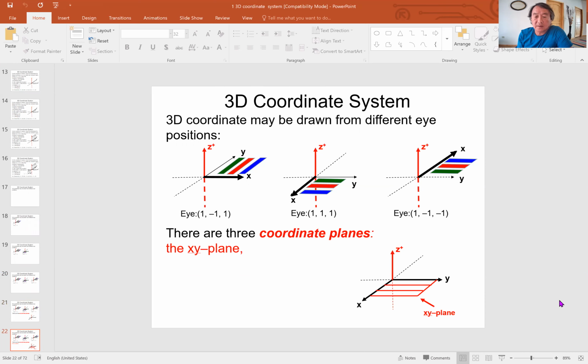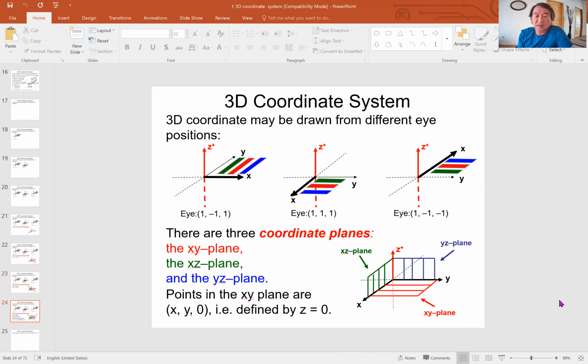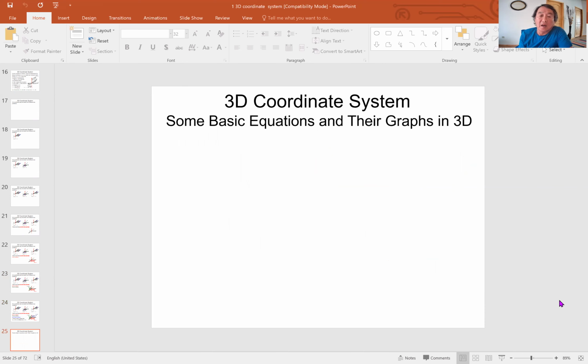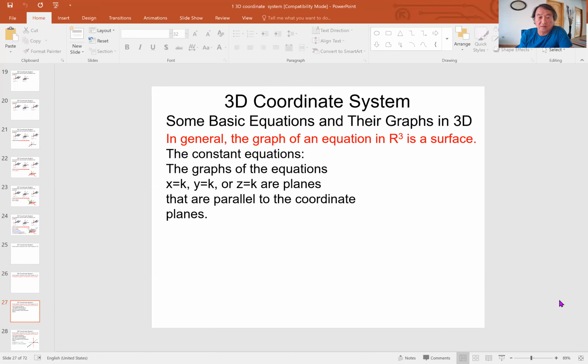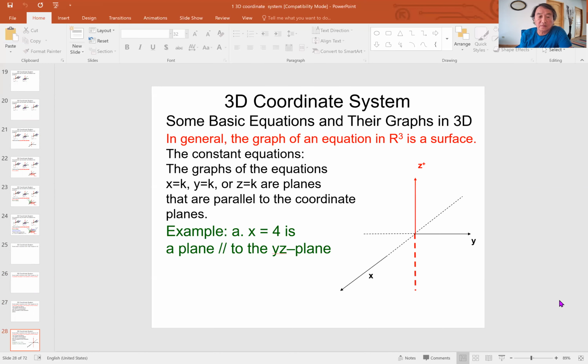There are 3 coordinate planes: the XY plane, the YZ plane, and the XZ plane. In particular, notice the XY plane is defined by the equation z = 0. In fact, let's talk about the basic equations. In general, if I plot the points that satisfy an equation in x, y, z, what I produce is a surface for a single equation.